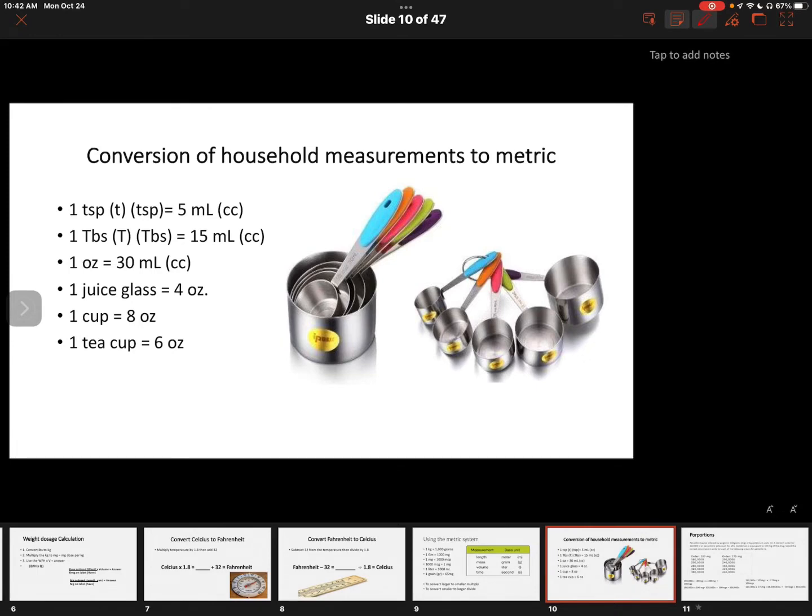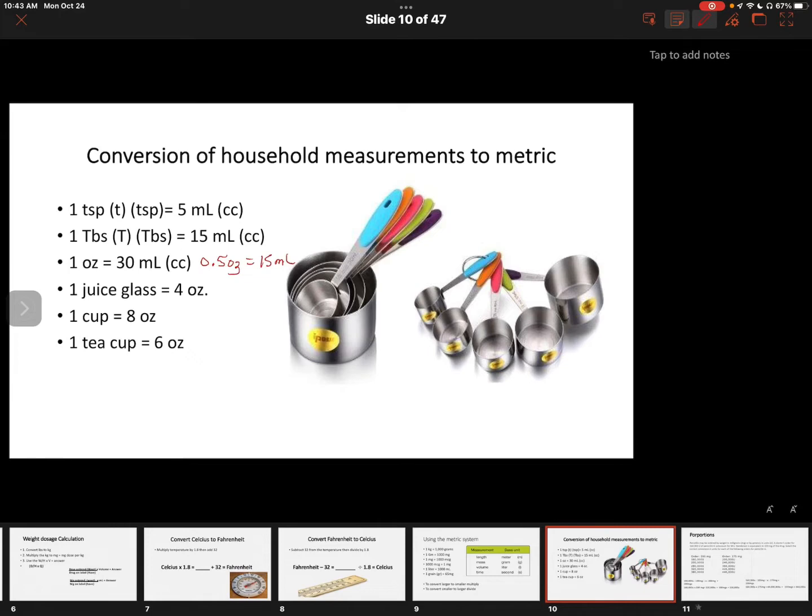Means the same thing. 1 tablespoon equals 15 milliliters, or cc's. 1 ounce equals 30 milliliters. If I had 0.5 ounces, that would equal 15 milliliters.